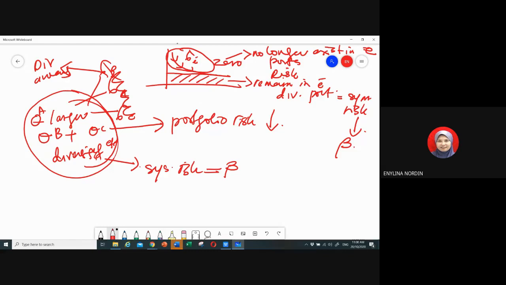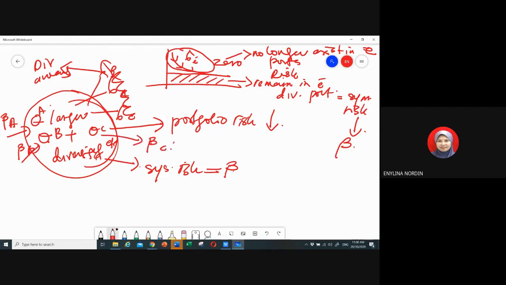Maksudnya, returns on stock A here is no longer depending on standard deviation. Returns on stock A is now depending on beta. Returns on stock B now is depending on its beta. Maknanya setiap stock akan ada beta masing-masing.